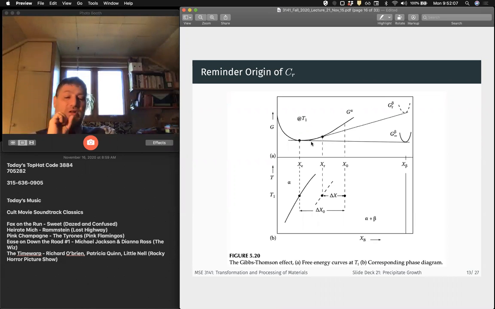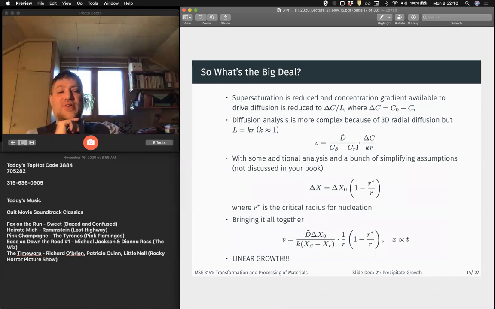Again, this is still mathematically a much more difficult thing to analyze. But essentially, there's a couple things that change. First, our supersaturation is reduced, right?